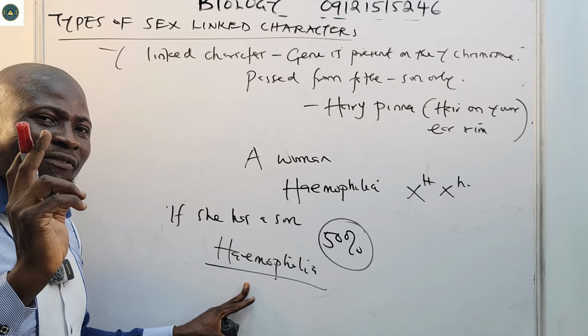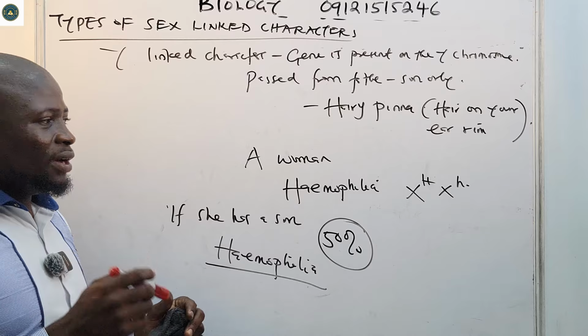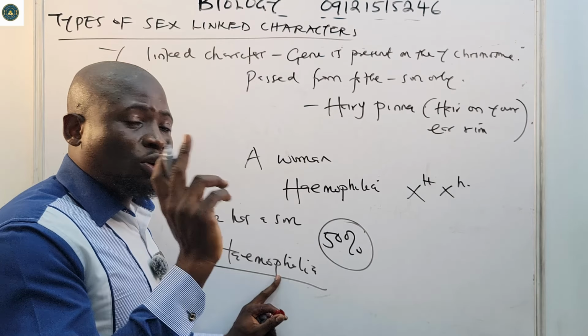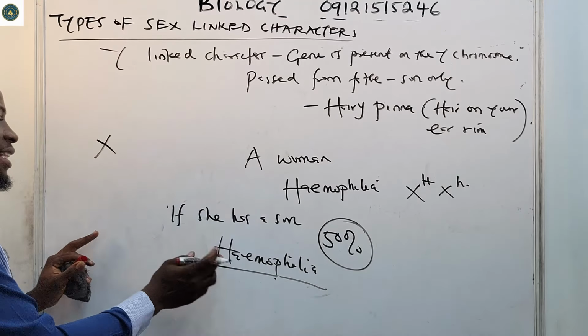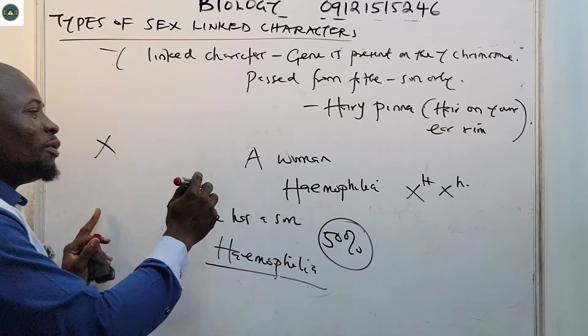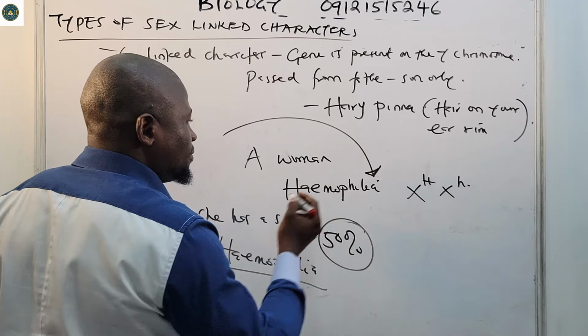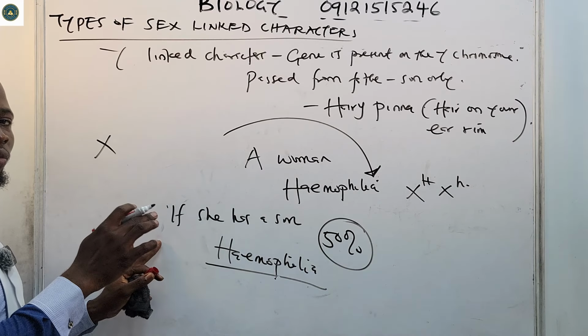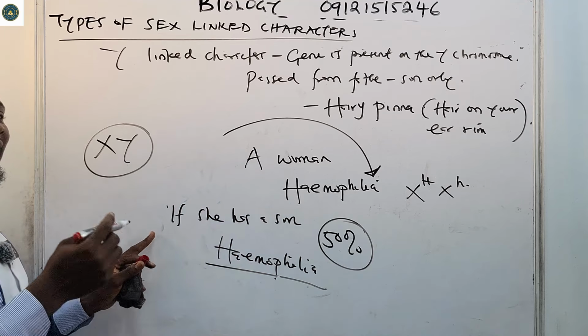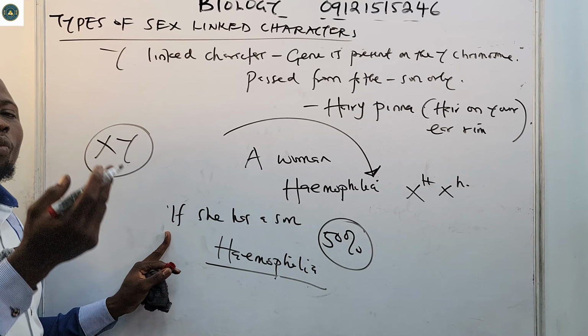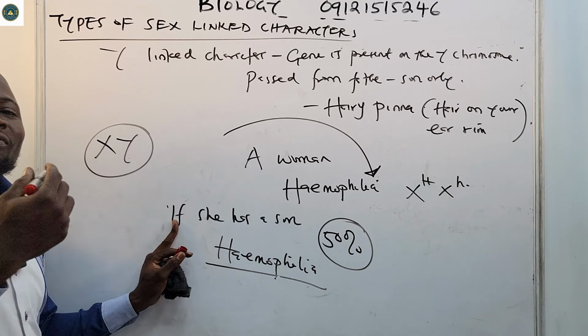Why would the son also have hemophilia? He will have hemophilia because the X chromosome that the son has is coming from the woman. The X from the XY is coming from the woman. The Y chromosome will come from the father.